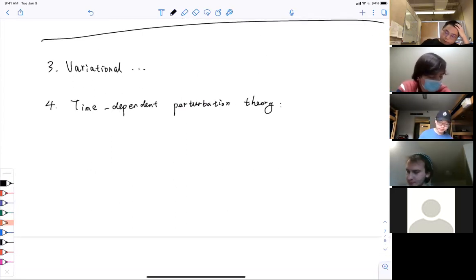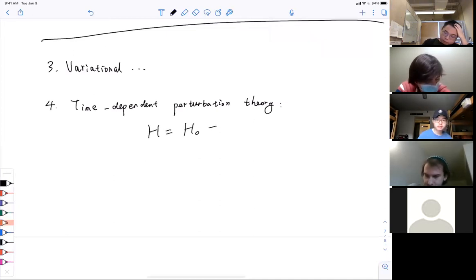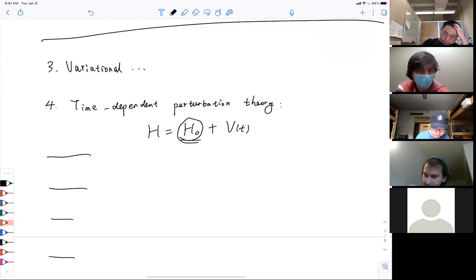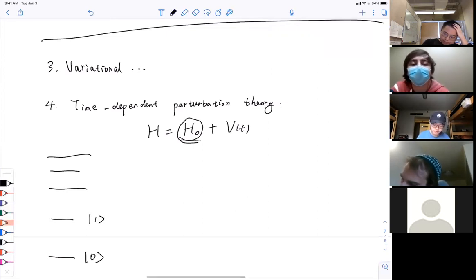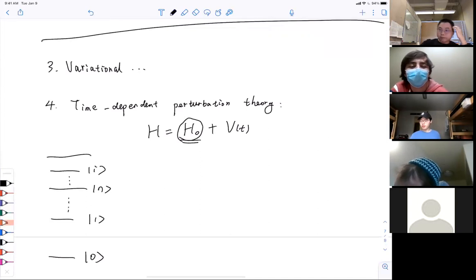So first, we need to understand what kind of setup we start with. We have some original Hamiltonian. This is our system. It has some energy levels, 0, 1, and some n, I just drew it randomly.